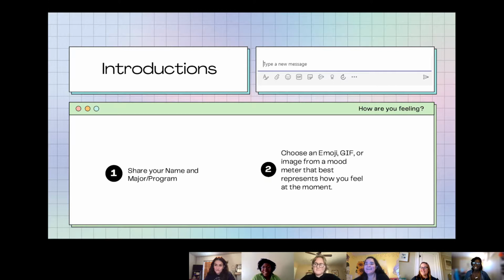Is anybody having a little bit of trouble seeing the chat option? Okay, so I'm going to show the pointer. If you go where it says type a message, can you see that?